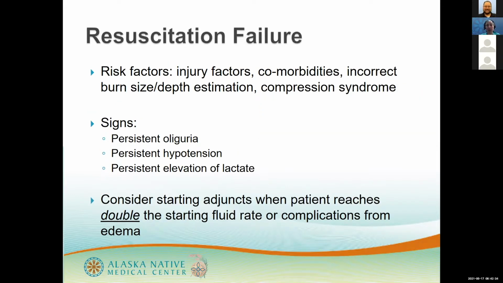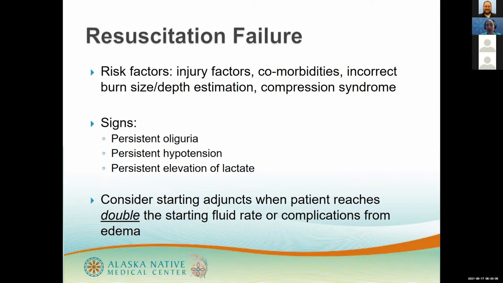Resuscitation failures, again, the risk factors, we talked about some of those: concomitant trauma, dehydration coming in, also some comorbidities. Another risk factor for resuscitation failure is incorrect burn size or depth estimation. So not identifying a scalp burn or calculating it wrong and giving them a smaller percentage than they have, or not identifying that it's a full thickness burn wound.